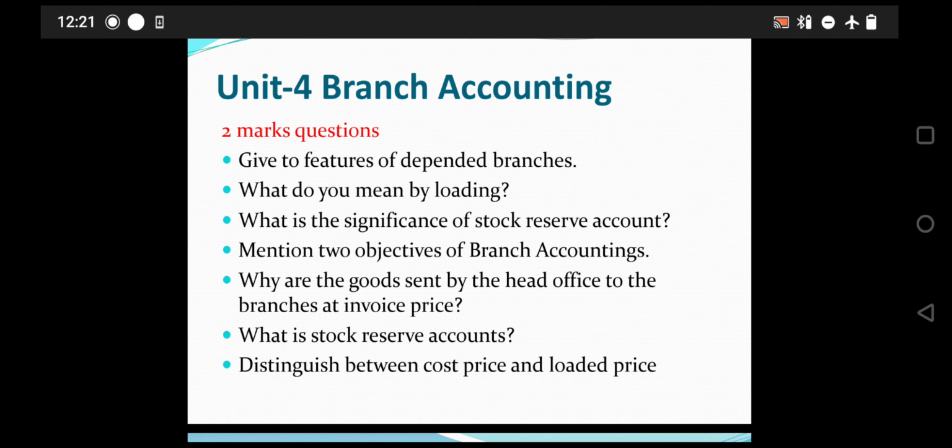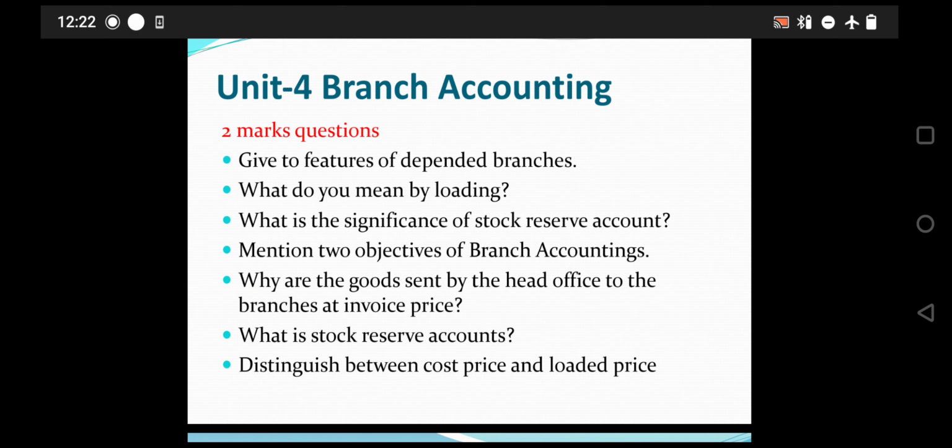Here are the features of a dependent branch, and what is called a dependent branch. Dependent branches refer to the branches which are under the control of the head office for their administration. For any action they want to take, it should be taken only from the head office.